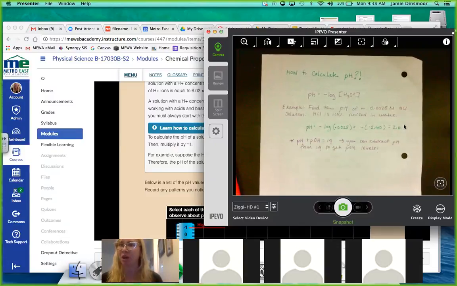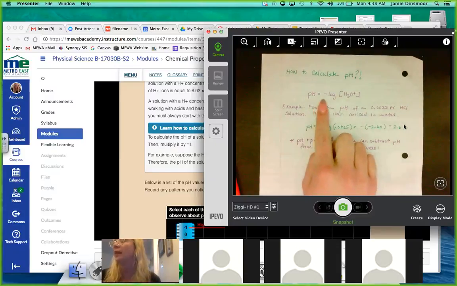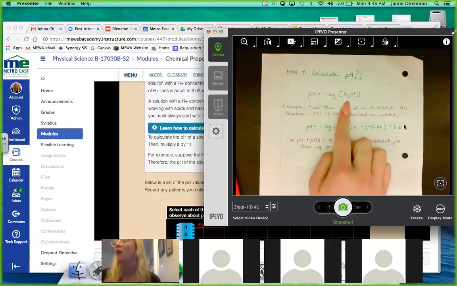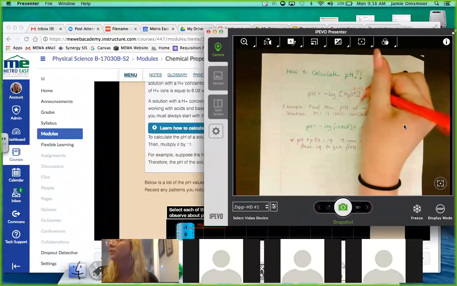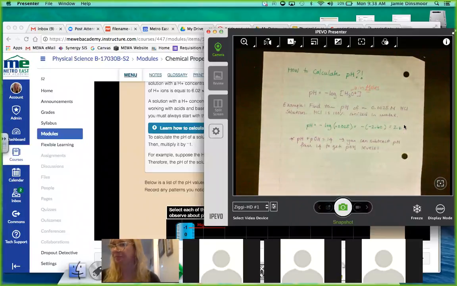It's basically a plug and chug type situation, as we say in math. So pH actually equals the negative log of the concentration of hydronium ions, and this is in moles, or the capital M units.